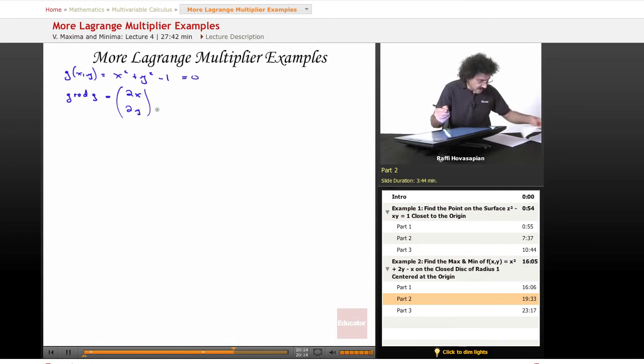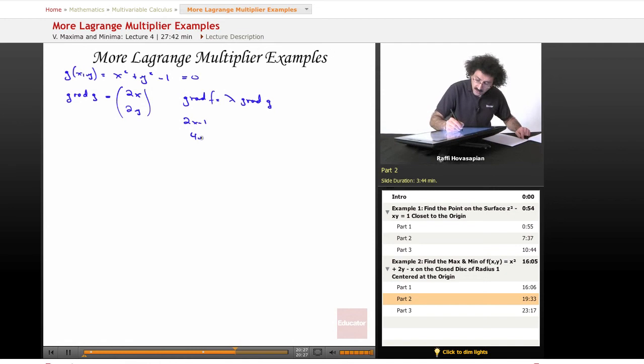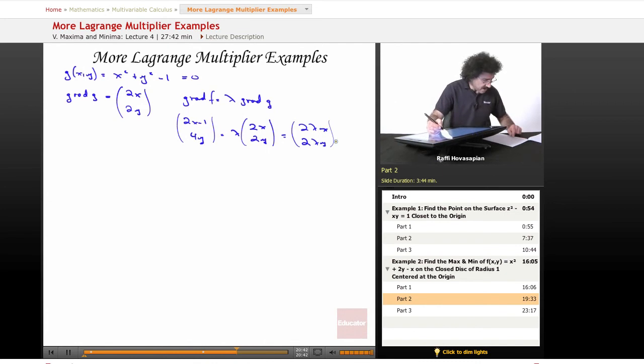Now we're going to set the gradient of f equal to lambda times the gradient of g. And what we get is 2x minus 1 and 4y is equal to lambda times 2x and 2y, which is equal to 2 lambda x and 2 lambda y.